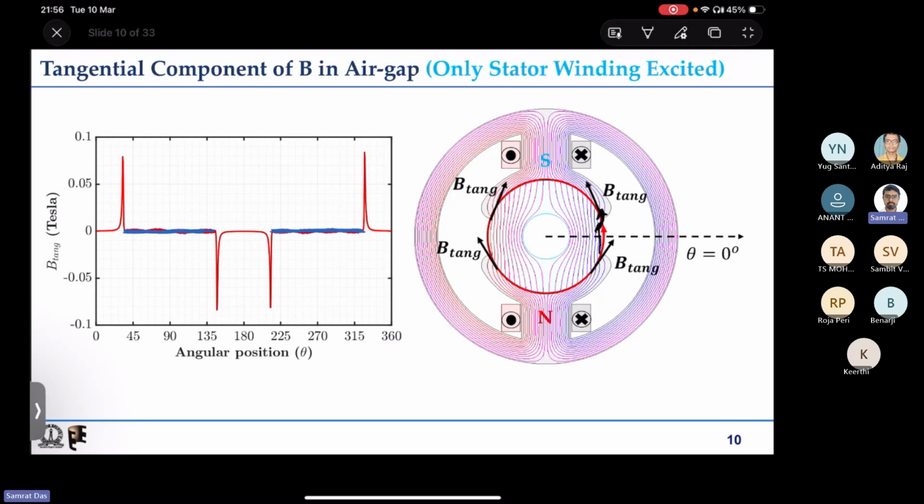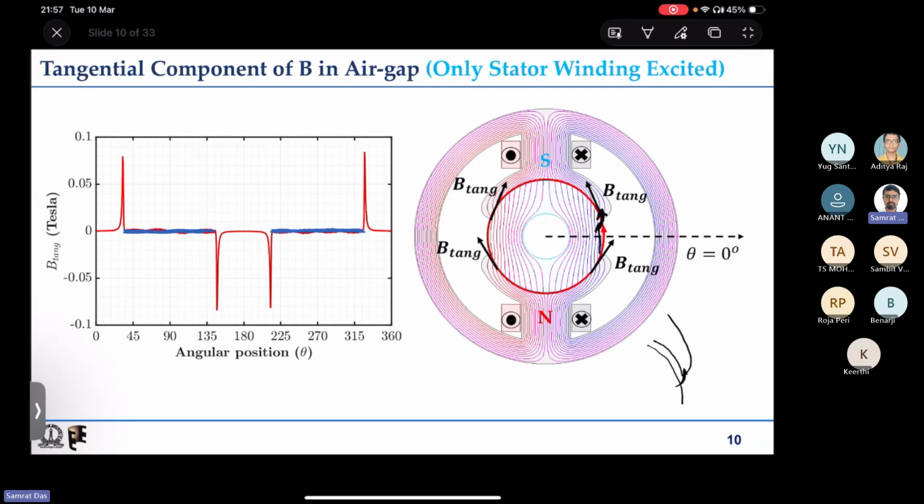That means if I draw this portion, this is the stator pole, this is the rotor surface. Suppose the flux line is entering here, so it is coming from here and entering there, like this.